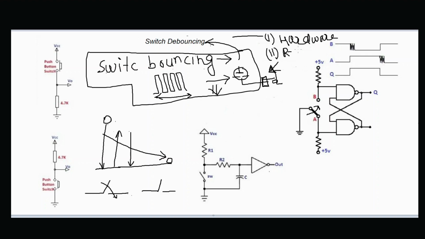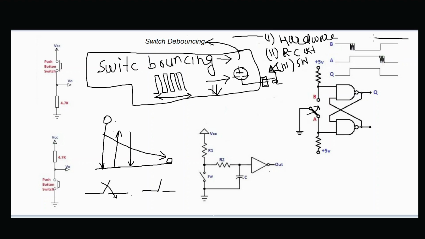Then the third is software debouncing. But software debouncing will not be covered in this session. If required, then please comment, and I will cover it in the next session. As of today, we'll just cover hardware debouncing and the RC circuit.